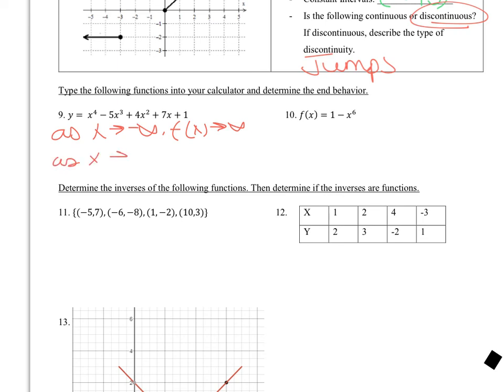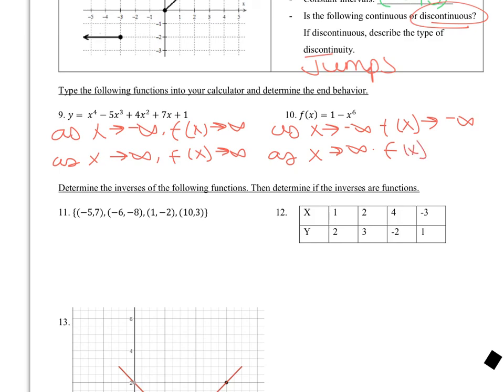And as x goes to infinity, f of x goes to infinity. Same thing with number 10. As x goes to negative infinity, f of x goes to negative infinity. And as x goes to positive infinity, f of x goes to negative infinity.